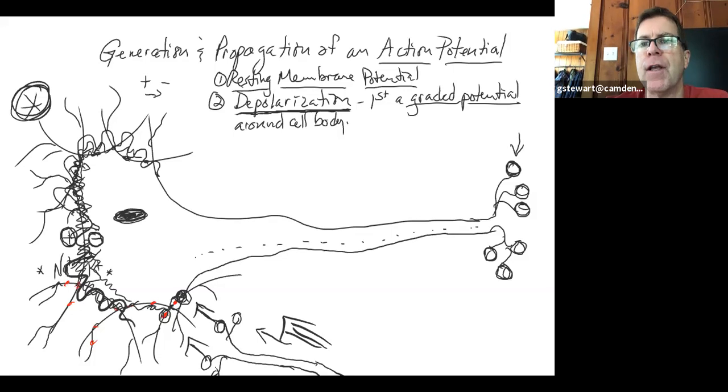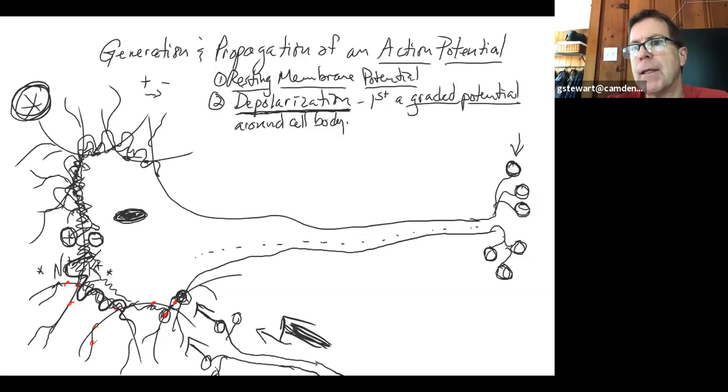Think of it this way: when you throw a pebble into a resting pond, if it's a small pebble, you get small ripples that die out quickly. If you throw a larger rock into that pond, you get larger waves that go further. Same here.